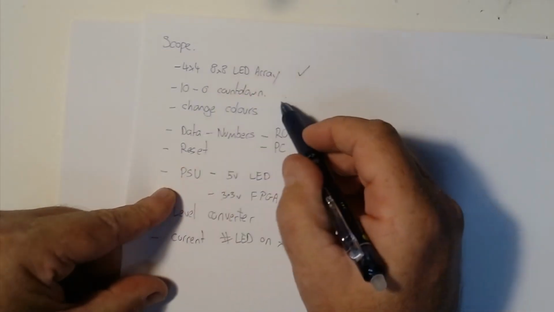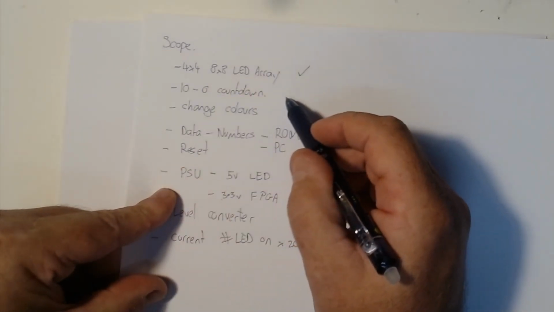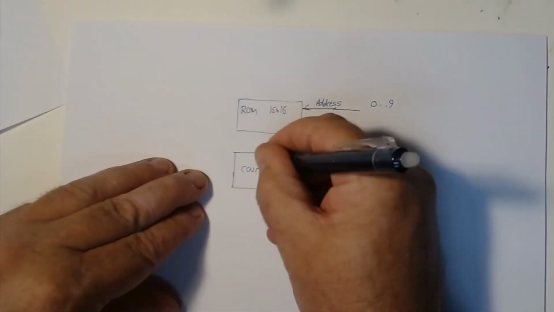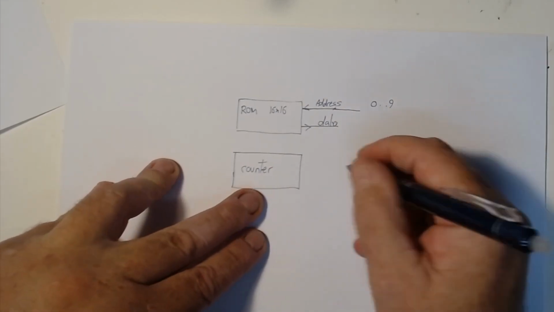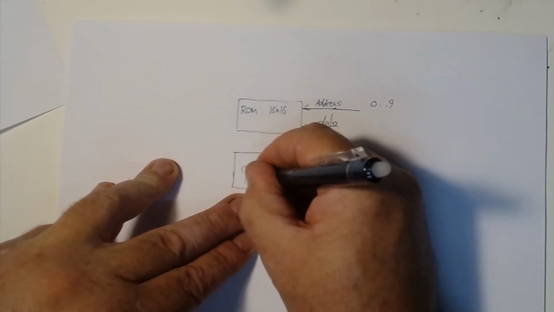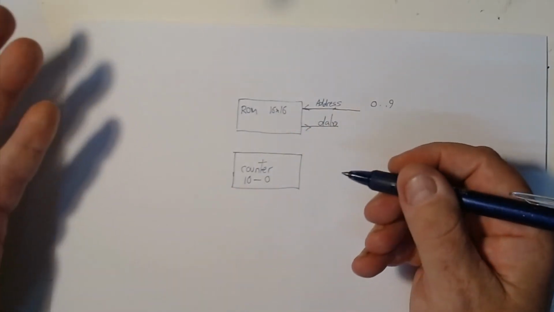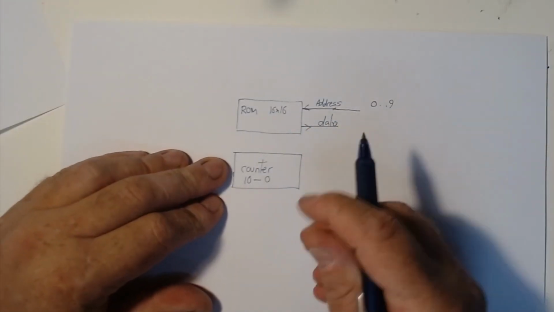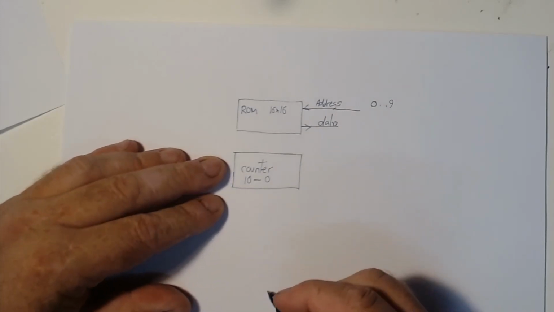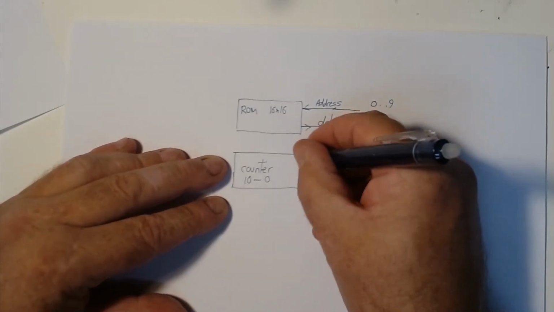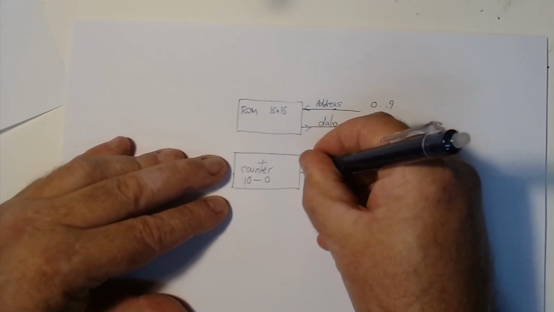Okay, so we need a method of counting down, so we're going to need a counter. So from 10 down to 0. So that's just a decade counter effectively. If we talk traditional digital electronics, that does need a clock pulse. It will need a reset.